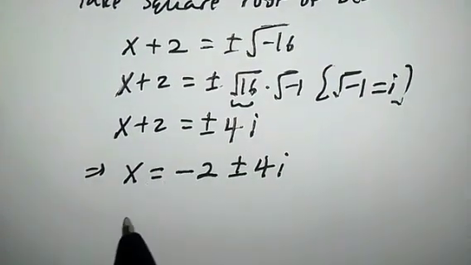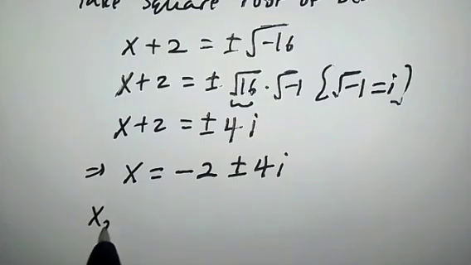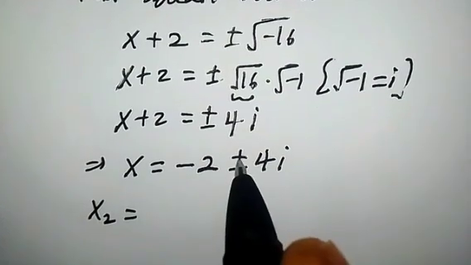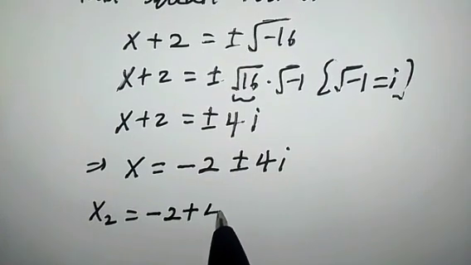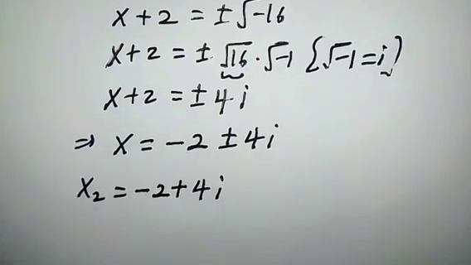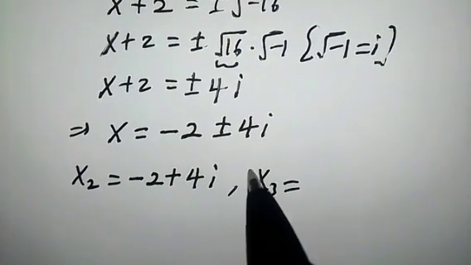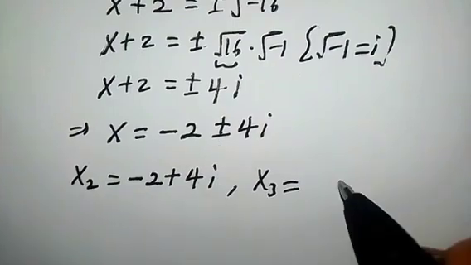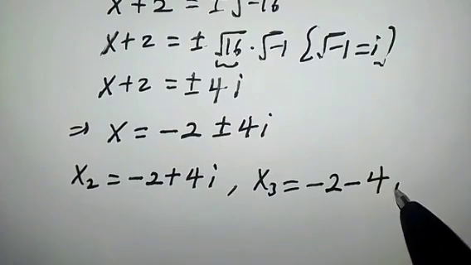From this answer, we can obtain x2 and x3 respectively. x2 is equal to, considering the positive sign, minus 2 plus 4i. And x3 is equal to, considering the negative sign, minus 2 minus 4i.